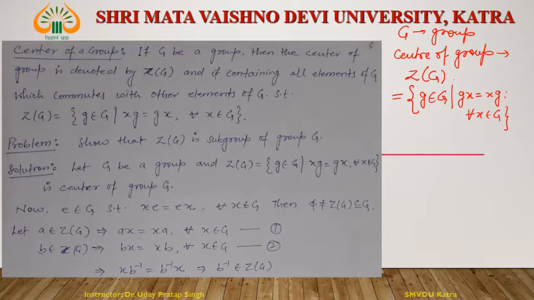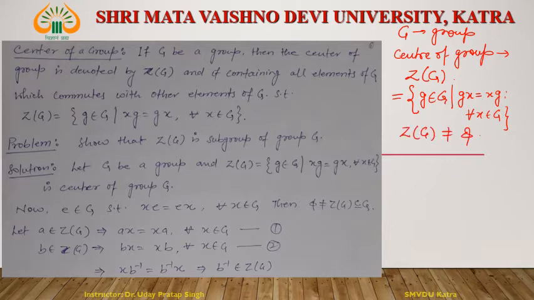It means the center of the group contains all those elements which satisfy the commutative property with the other elements of the group, right? The collection of all such elements forms the center of the group. Whether Z(G) is empty? No, Z(G) cannot be empty.